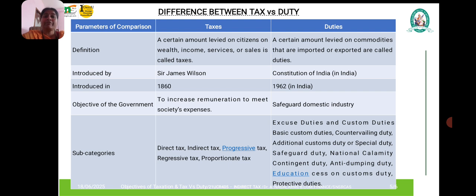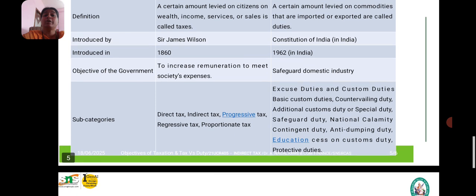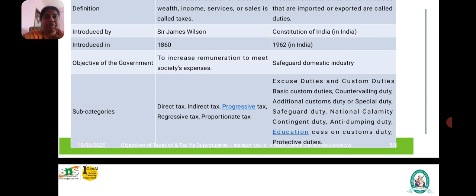The objective of the government towards tax is increased revenue to meet society's expenses. But the objective of the government towards duties is safeguarding the domestic industry and reducing BOP difficulties. Subcategories in taxes: direct tax, indirect tax, progressive tax, regressive tax, proportionate tax. These are the subcategories that come under taxation.